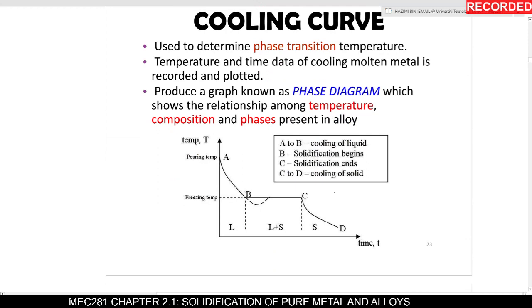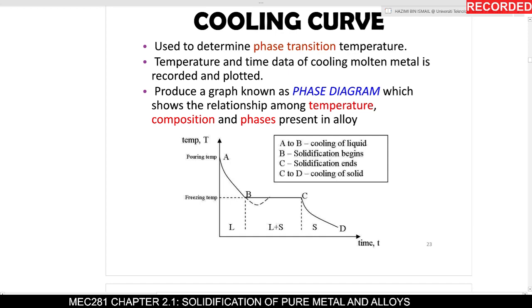Okay, in this case A to B is cooling of liquid. It is still in molten form here, in the form of molten iron or alloy. And then from B to C, solidification begins. At B it starts to have the solid, and finally at C only solid remains.